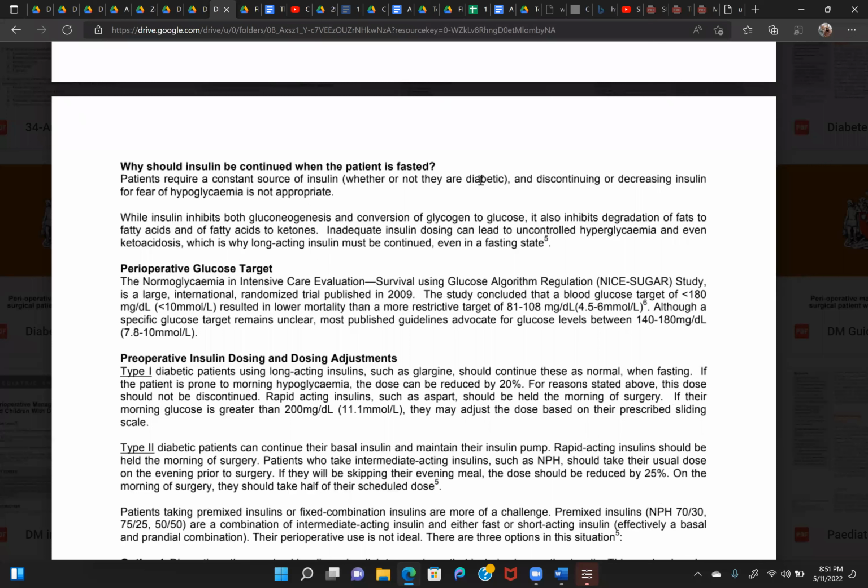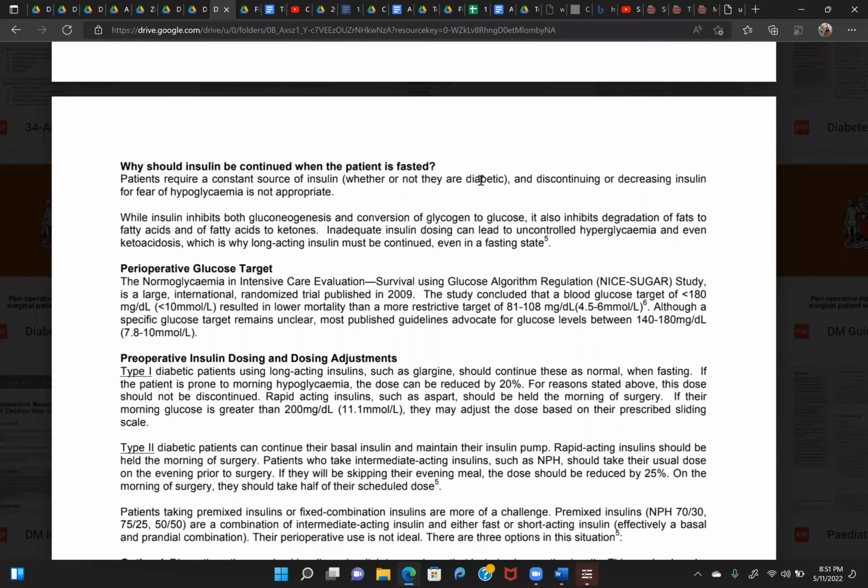Some person was mentioning a number, so it is less than 180, as I was telling you. That's why sometimes it becomes confusing. They have seen that if you are controlling 80 to 110, there is more mortality, while controlling at less than 180 has less mortality.